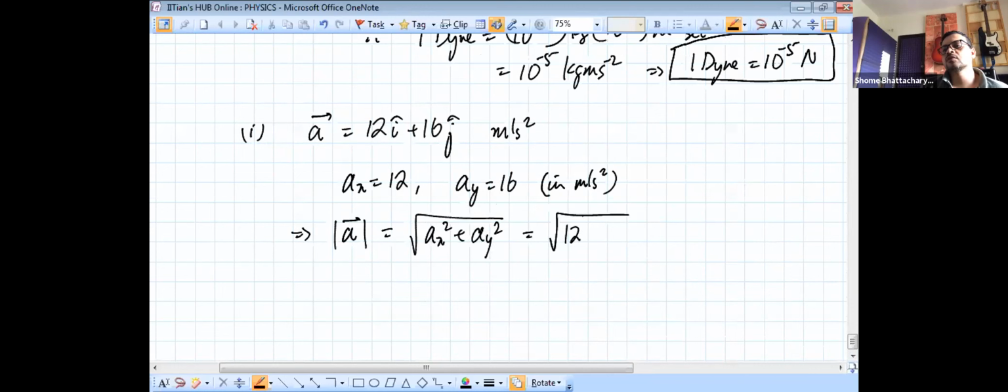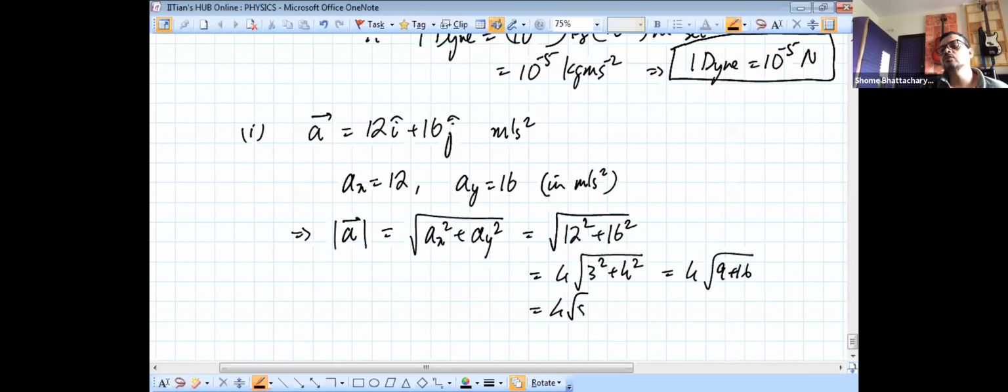So that is square root of 12 square plus 16 square, which you can take 4 common outside. So it's 3 square plus 4 square. So that is 4 into square root of 9 plus 16. So 4 into root 25. So that is 20. So 20 meters per second square becomes the acceleration's magnitude.